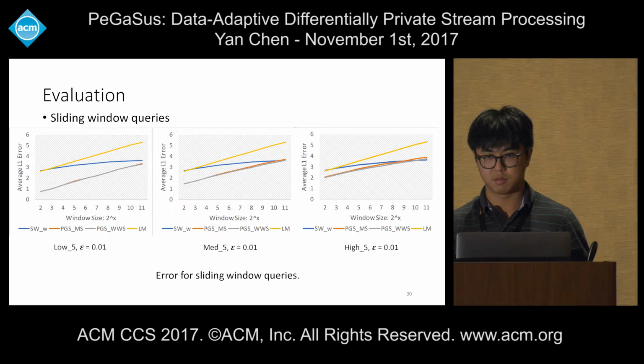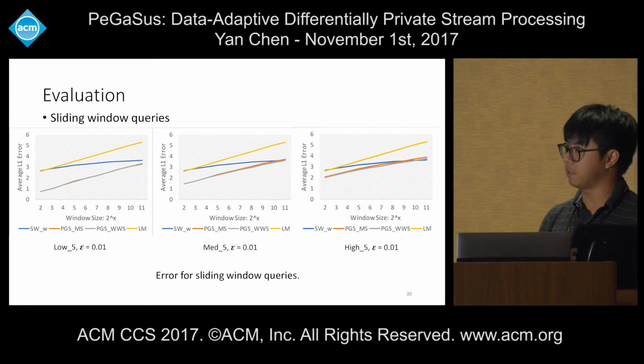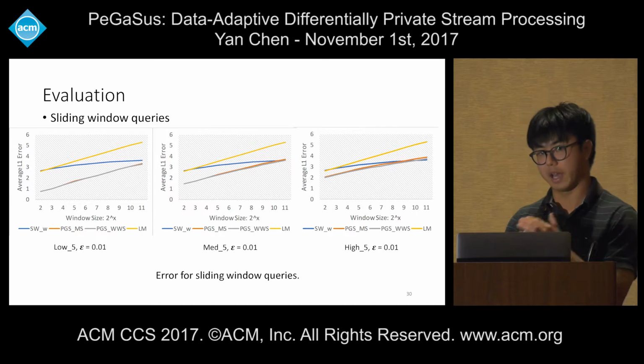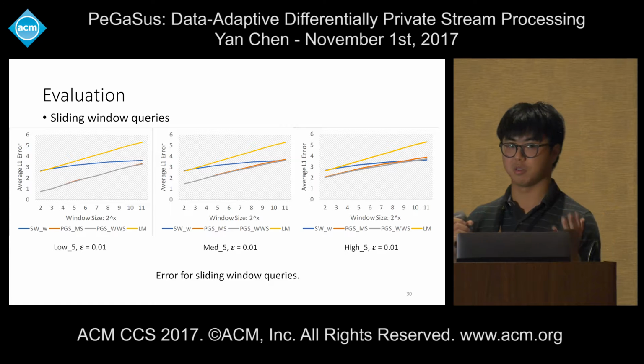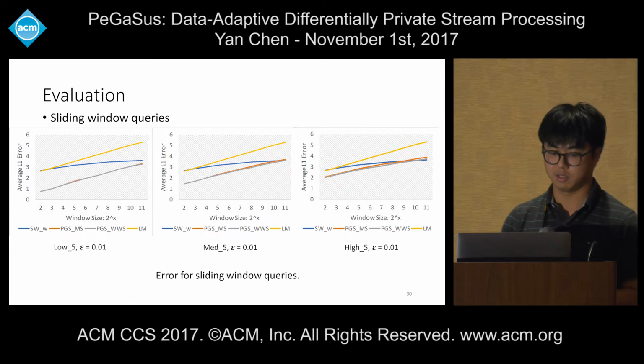We also evaluate answering sliding window queries. For each figure, the y-axis reports the average L1 error, and the x-axis represents the window size in terms of 2 to the power of x. We compare 4 different algorithms.